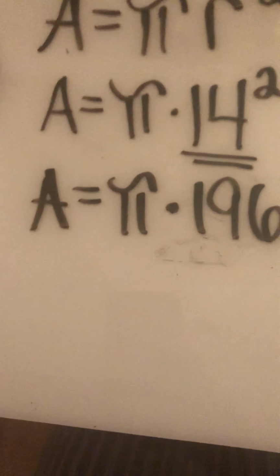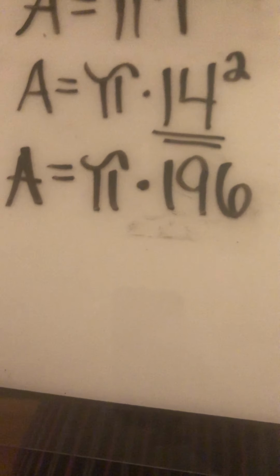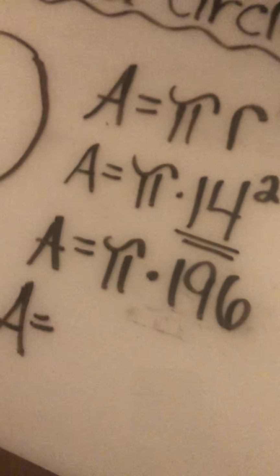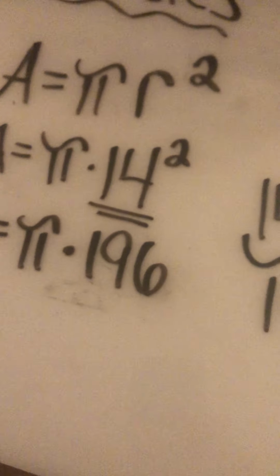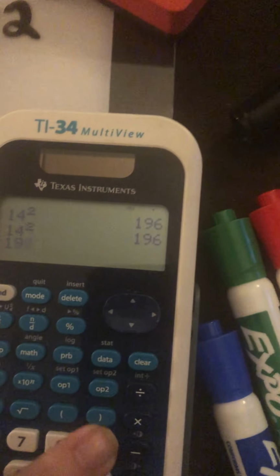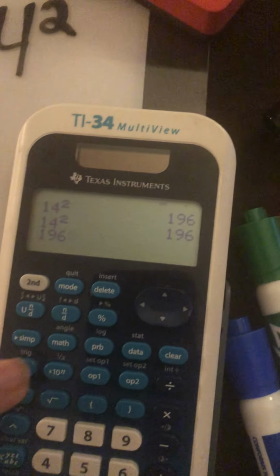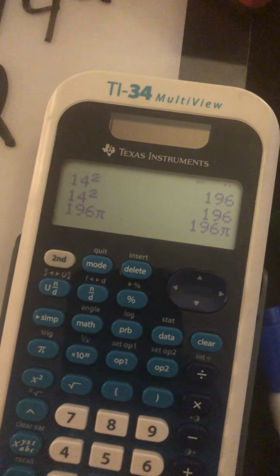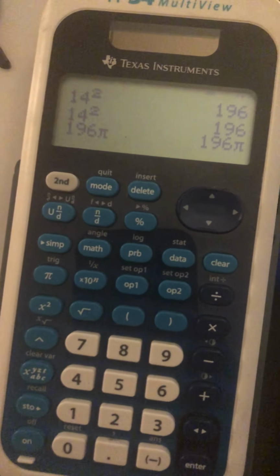Okay, so we're at A equals pi times 196. And then we do that calculation. So again, if you're using an iPhone and you turn your calculator horizontally, the pi key is available. I sent out that link yesterday for the pi calculator that you can use on the website I provided. If you have the calculator that we use in school, you could use this.